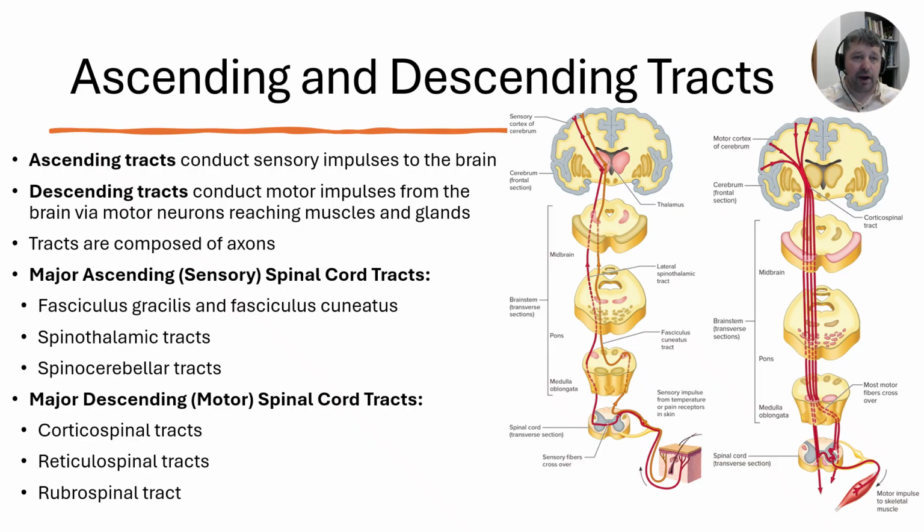Of course, there are minors to all this, and lots and lots of different tracks, but the majors are going to be related to most things. So three major ascending, three major descending, and we'll look at what they control next.